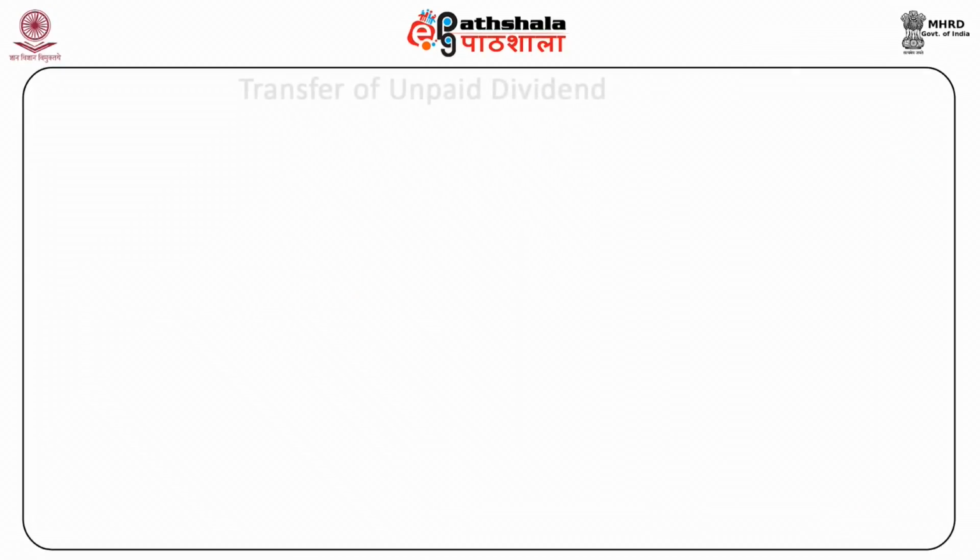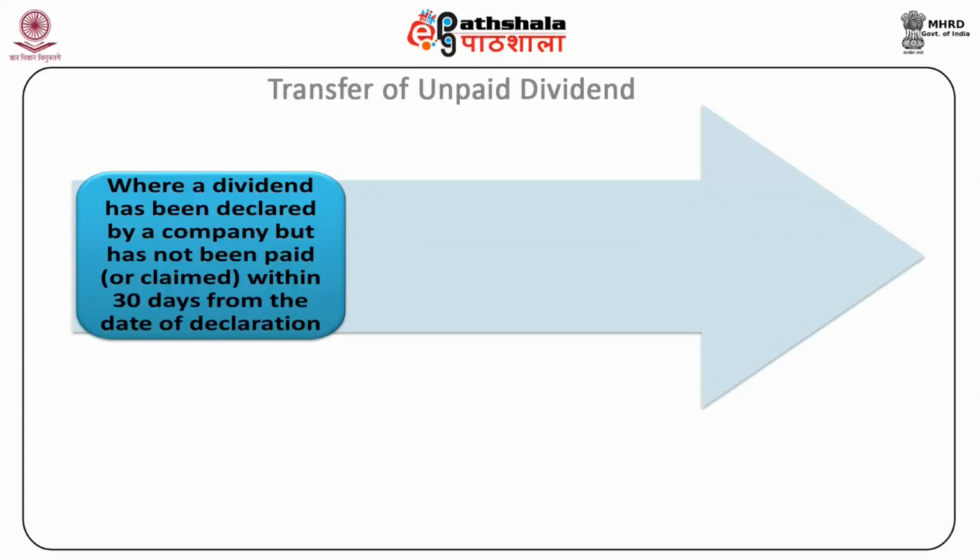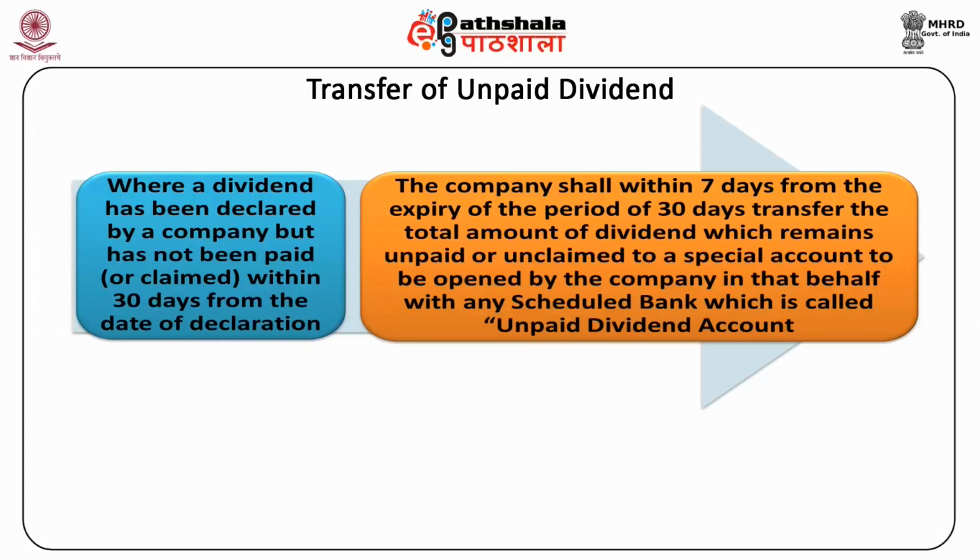Transfer of unpaid dividend. As per Section 124 of the Act, where a dividend has been declared by a company but has not been paid or claimed within 30 days from the date of declaration, the company shall, within 7 days from the expiry of the period of 30 days, transfer the total amount of the dividend which remains unpaid or unclaimed to a special account to be opened by the company in that behalf with any scheduled bank, which is called the unpaid dividend account.